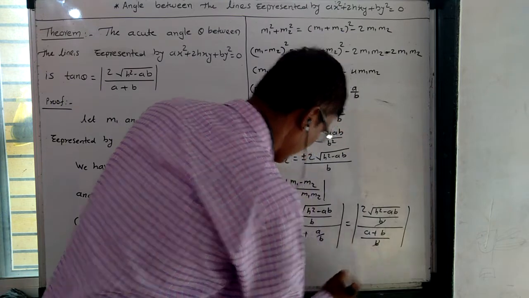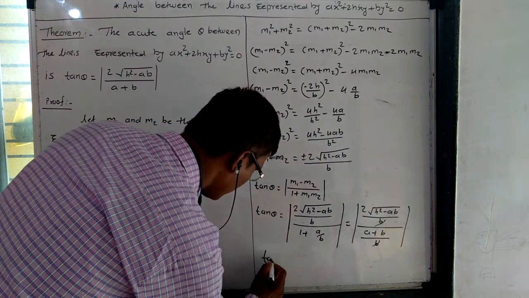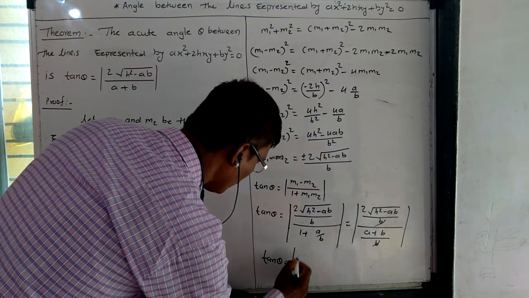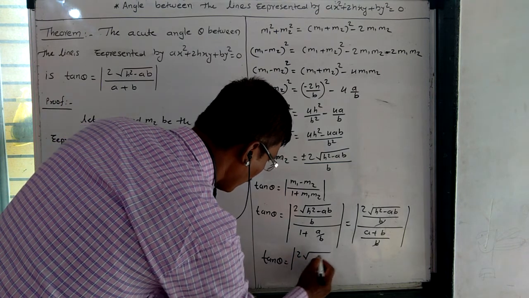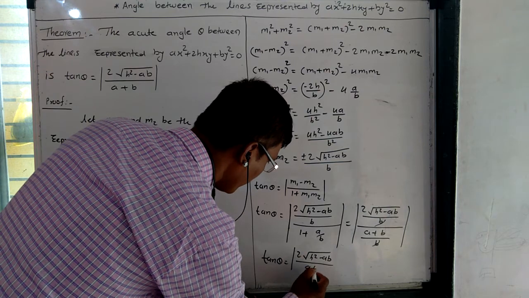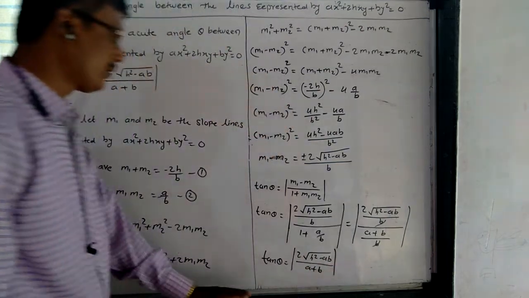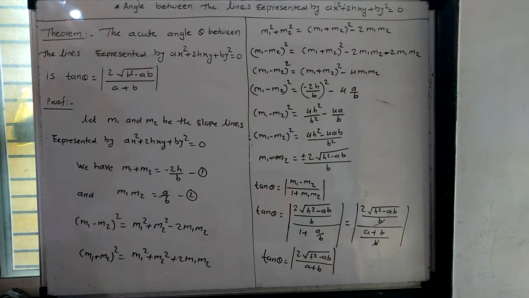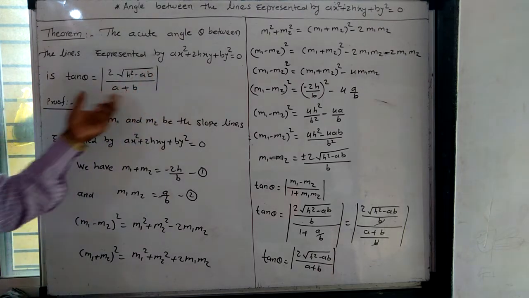So b gets cancelled. Lastly, tan theta is equal to mod of 2 root of h square minus ab divided by a plus b. This is the angle between the two lines represented by this equation, and hence the proof.